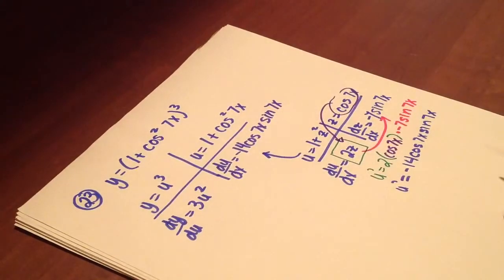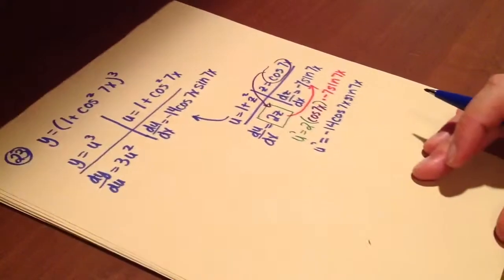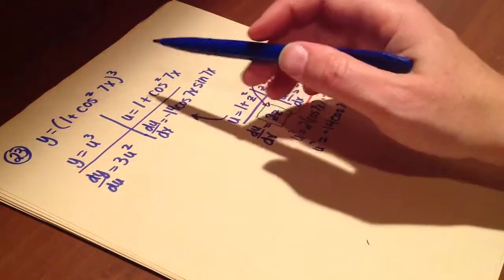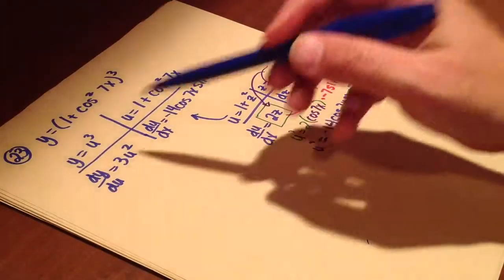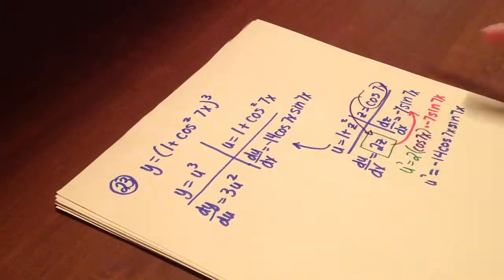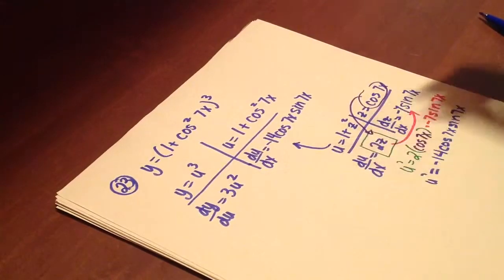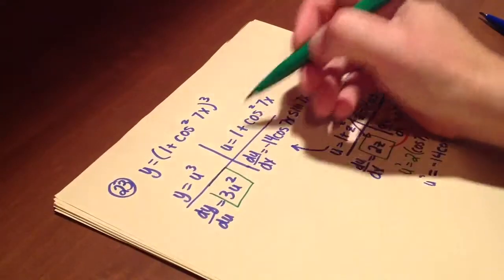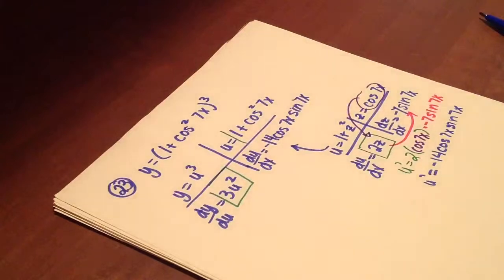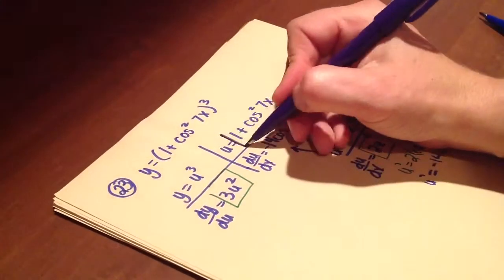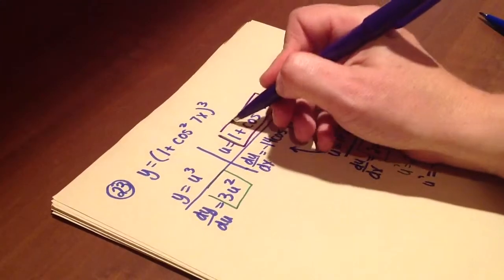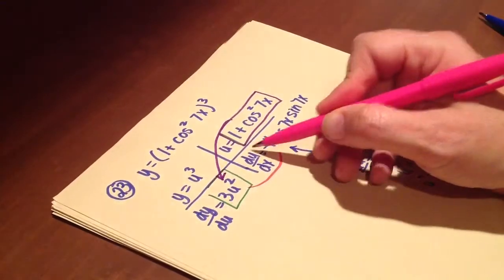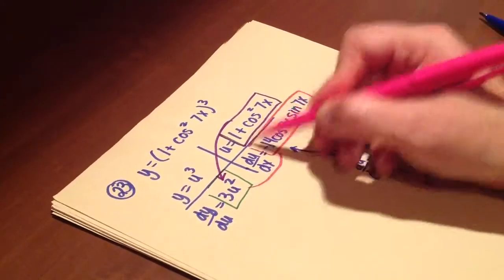Okay, so now I'm ready to take the derivative. So I'm going to go up to this chart right here, and I'm going to start off with this function. I'm going to take u, and I'm going to plug that into here, and then I'm going to multiply by this answer right there.